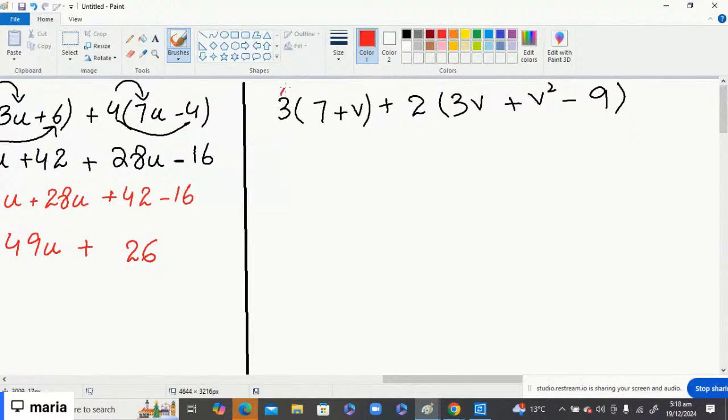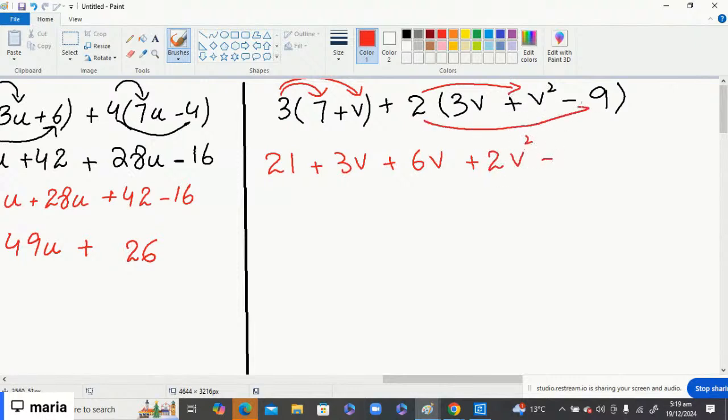First of all, multiply 3 inside of it, first with 7 and then with v. 7 times 3 is 21 plus 3v, plus 2 times 3 is 6v, plus 2 with the v square, 2v square, minus 2 times 9 is 18.